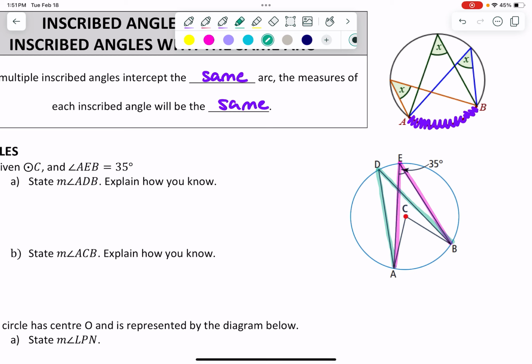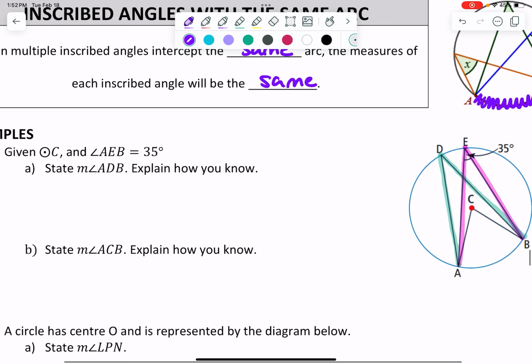Now, angle ADB is also an inscribed angle, and it also opens to the same arc, which means the measure of angle ADB will also equal 35 degrees, because these 2 angles, the inscribed angles, will be congruent, the same size and shape.